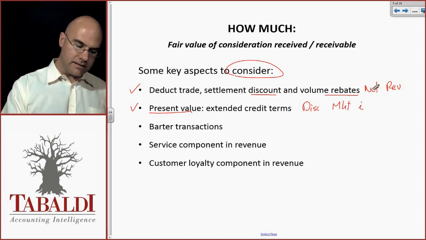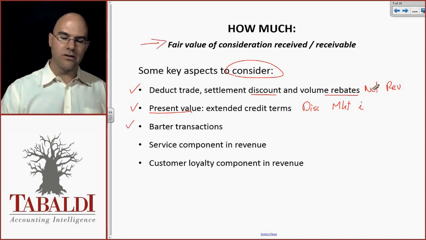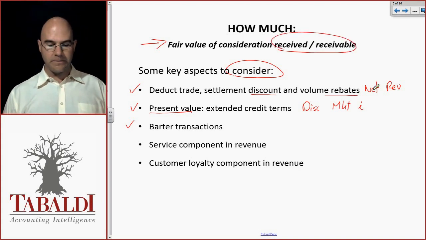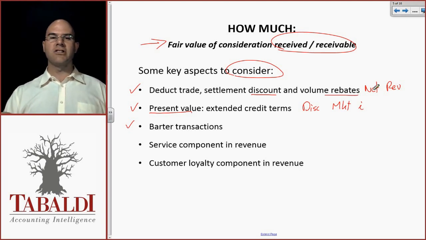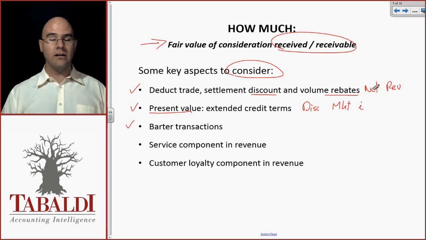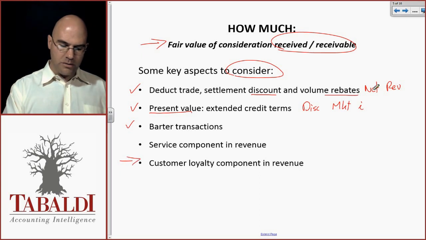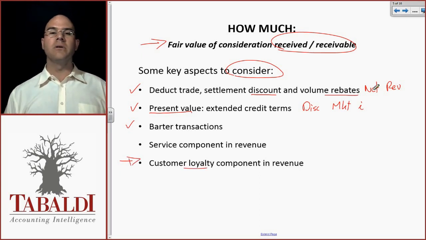We also need to discuss some complexities around barter or exchange transactions, very much linked into this fair value of consideration received or receivable. In the next video, you'll also need to look at the different components of revenue, and sometimes when transactions are not at fair value, there might be multiple components: revenue from sale of goods as well as revenue from services rendered. The last one that I'm also going to bring up in a separate video series is customer loyalty points or customer loyalty awards.